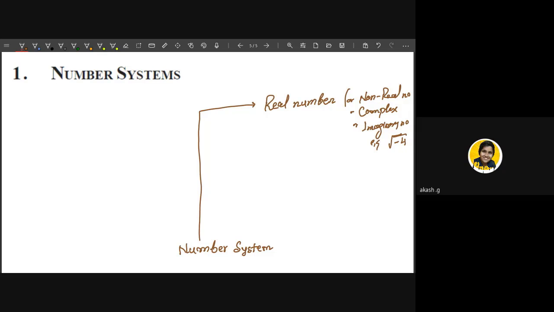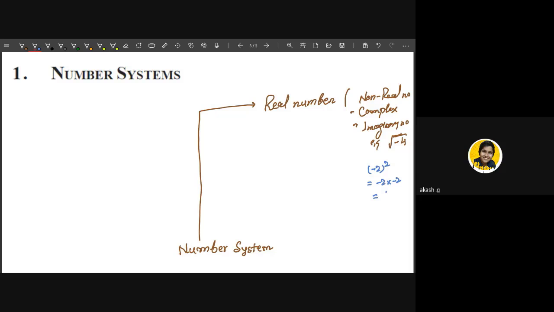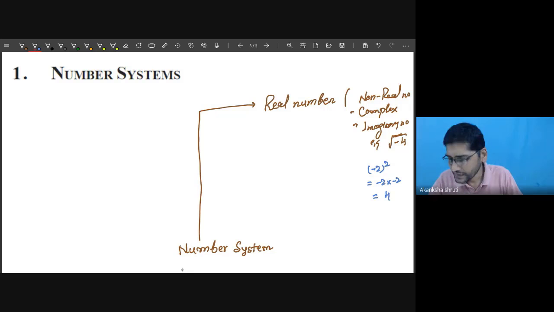Is it -2 square? Okay, is this correct? If you are doing this, what is -2 into -2? Not minus, but plus, getting 4. So under root of +4 can be -2 or even 2.